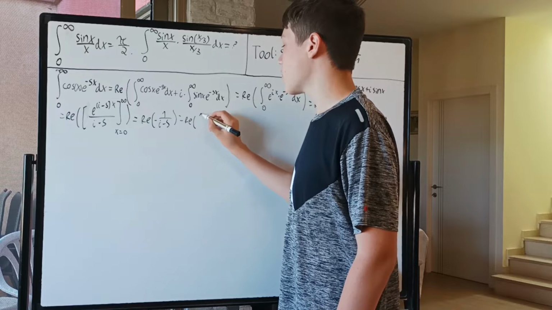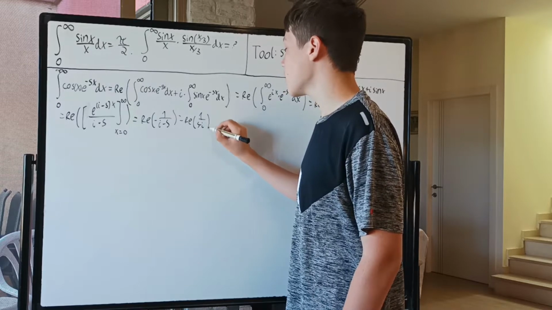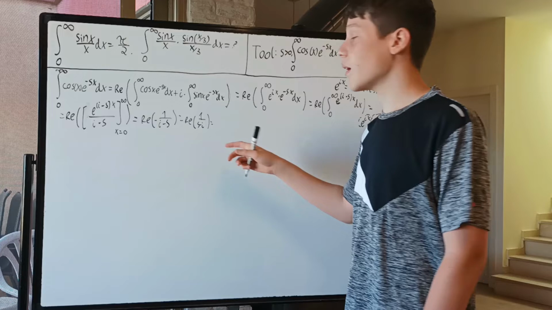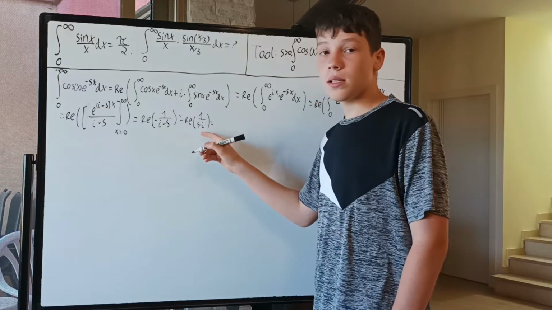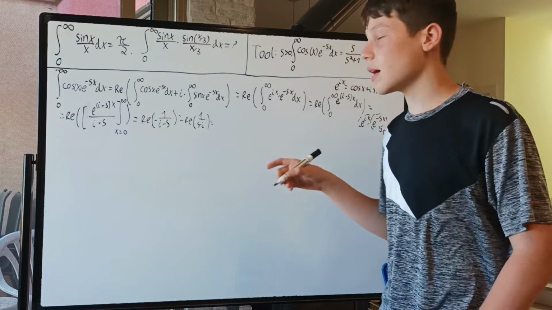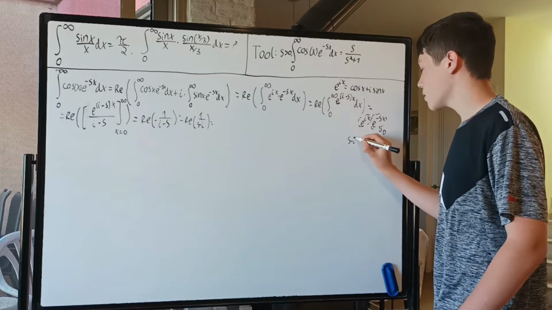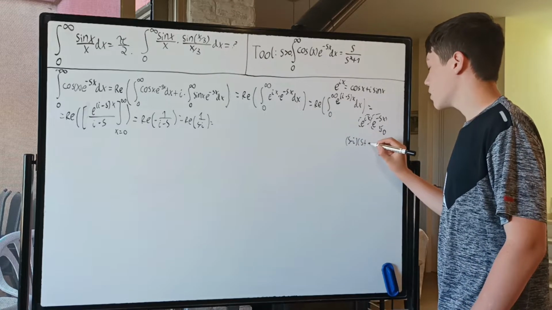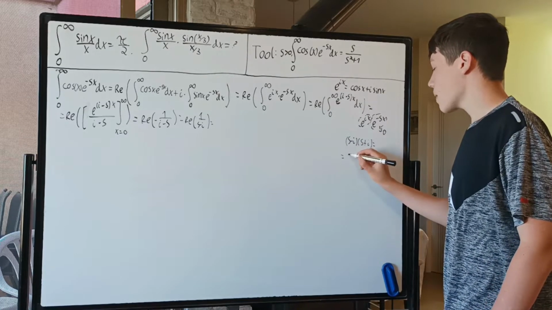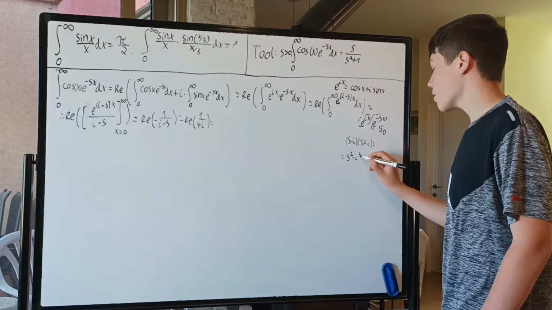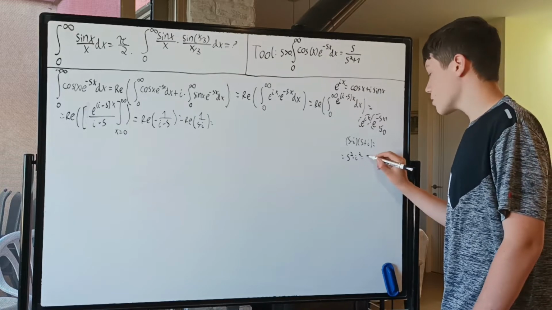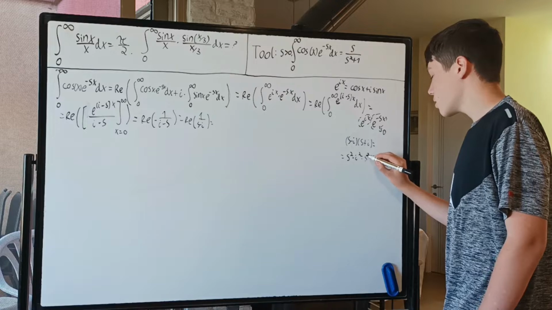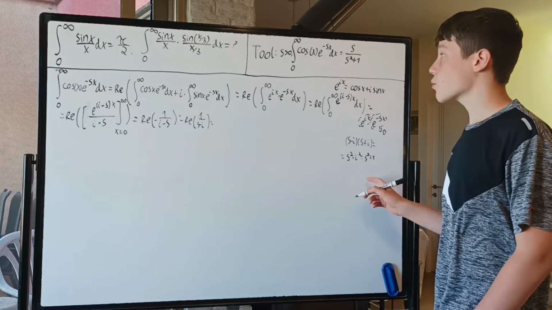This is the real part of 1 over (s minus i). I'm going to multiply and divide by (s plus i), and then we'll have (s minus i) times (s plus i), which we know is s squared minus i squared, and i squared is negative 1, so this is s squared plus 1, which importantly is a real number.